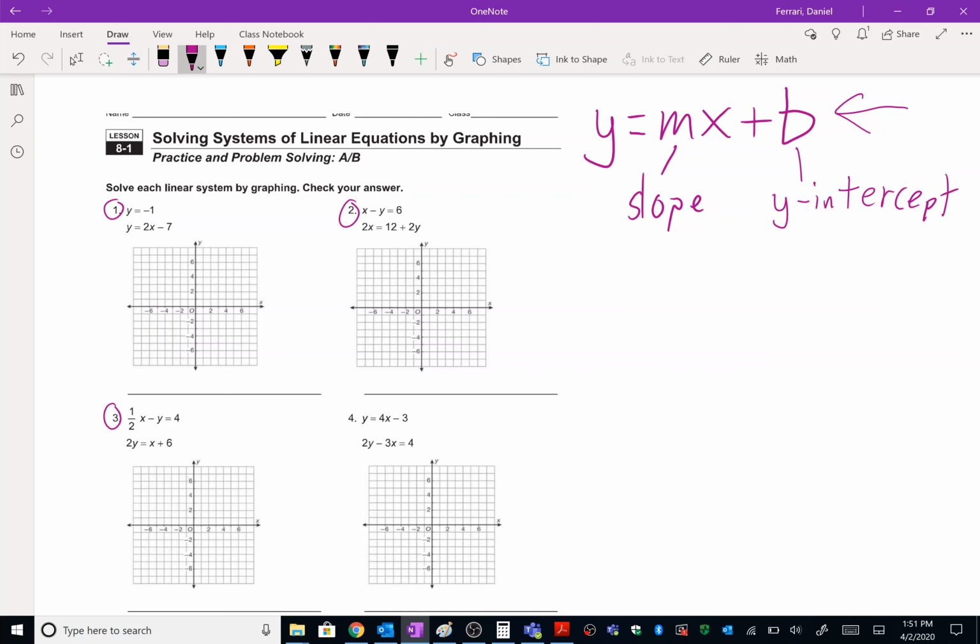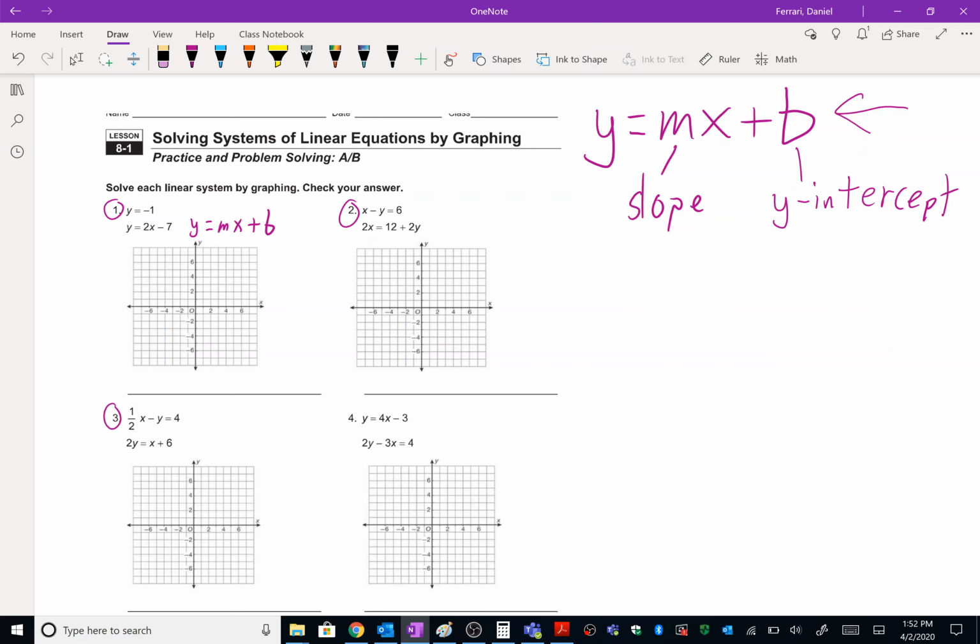So for this problem, again, we're looking at the second equation here because that one's in perfect slope-intercept form. If you look at it in y equals mx plus b terms, my m is the 2, and the b is this -7 right here. So let's take those numbers and turn them into things that are usable.